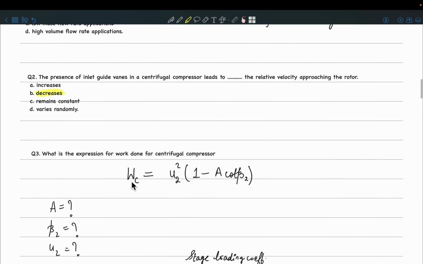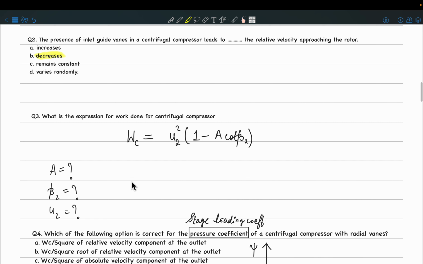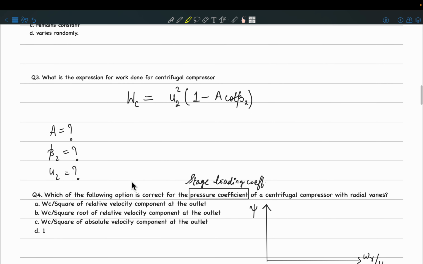Okay, so now I have given here the expression for work done for a centrifugal compressor. This you must have seen in lectures. You can just quickly tell me what these variables A, beta 2, U2 and so on are. A is the flow coefficient, okay.